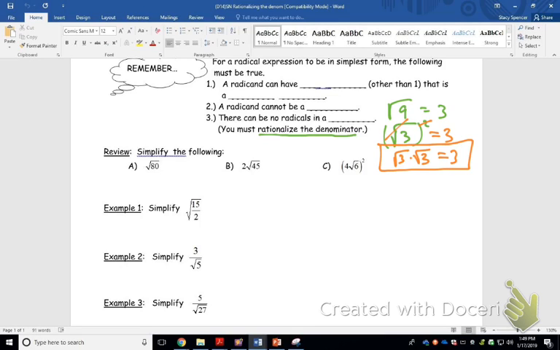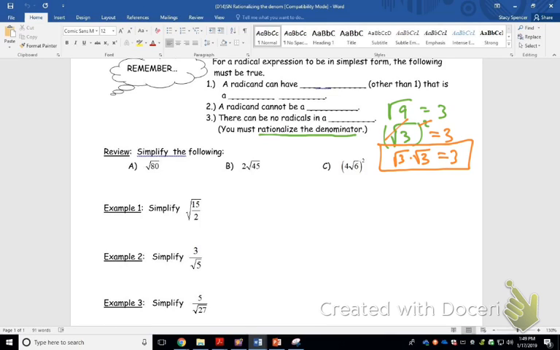If you have a radical in the denominator, you get rid of it by multiplying it by itself. If I multiply a square root of 3 by itself, there's no radical anymore. So that's how we do these.